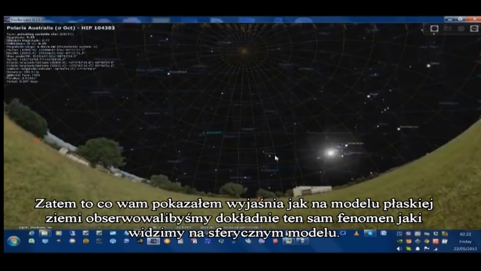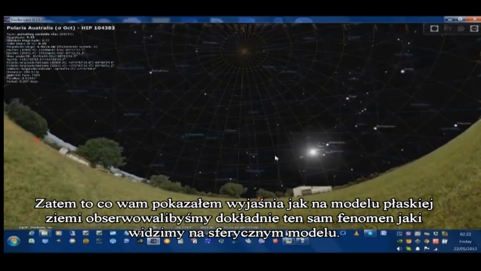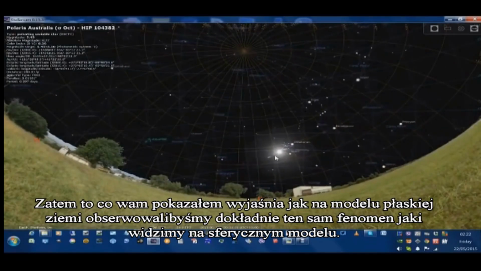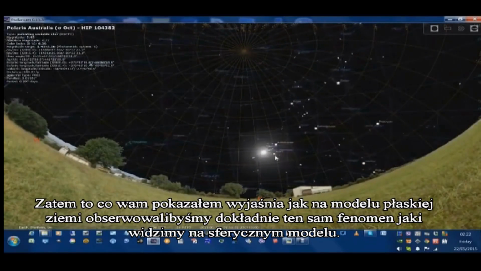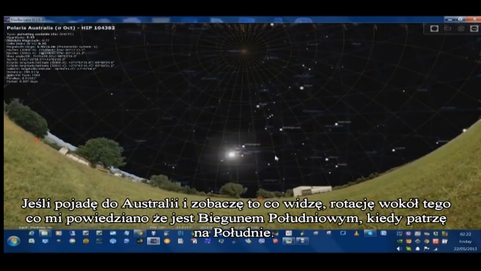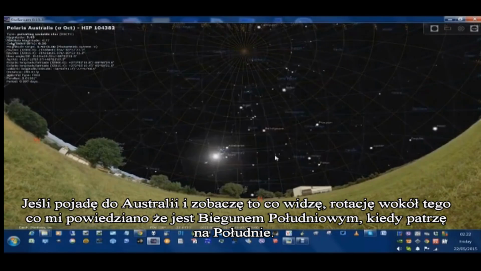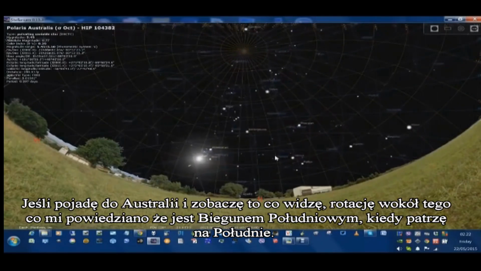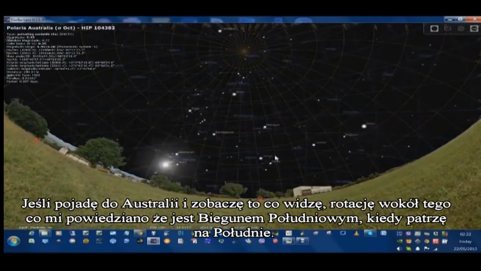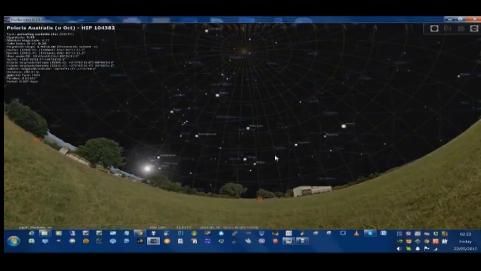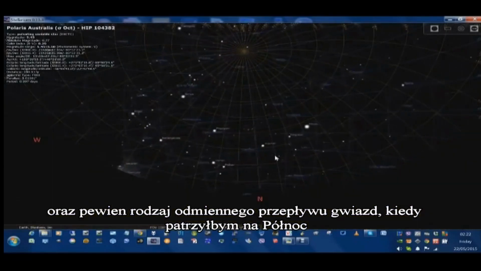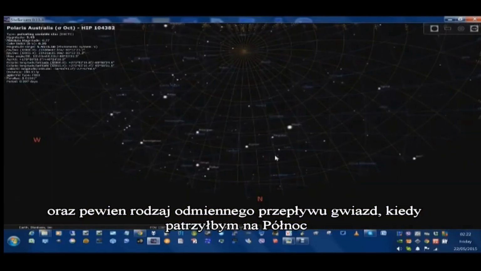explains how in a flat Earth model you would observe exactly the same phenomena as you see in the spherical world model. So I can go to Australia and see what I'm told I'm going to see, the rotation around what I'm told is the South Pole when I look south, and a kind of indistinct kind of flow of stars when I look north.